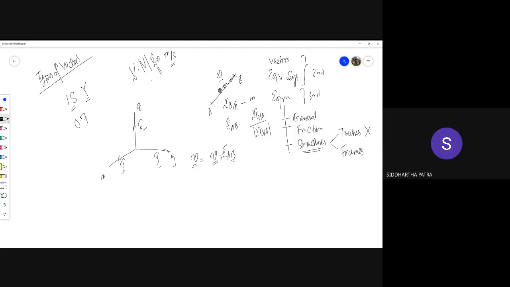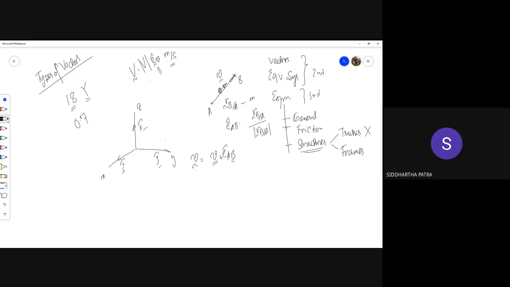The unit vectors, by definition, are supposed to be dimensionless. Okay. So this much may be something that you can arrive at very easily.